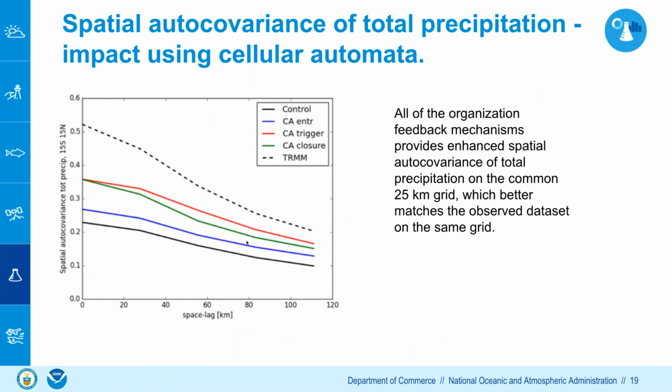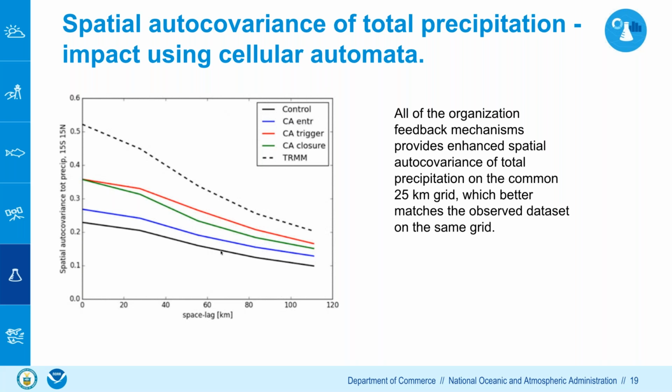Here we look at the spatial autocovariance of total precipitation and the impact of using the CA following these entrainment, triggering, closure ideas. The solid black line here is our control run. This was also done with GFS version 15.